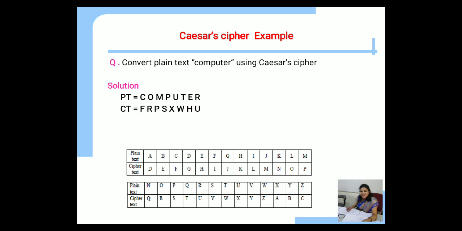C is replaced by F. Similarly O is replaced by R, M by P, P by S, U by X, T by W, E by H, and R by U. So the ciphertext will be FRPSXWHU. You can observe that since this is a substitution technique, all the characters in the ciphertext are different from the characters of the plain text.